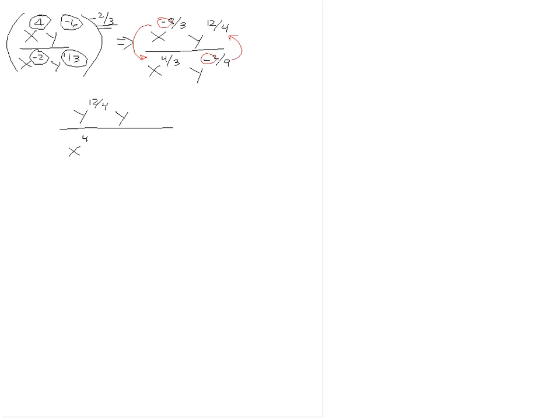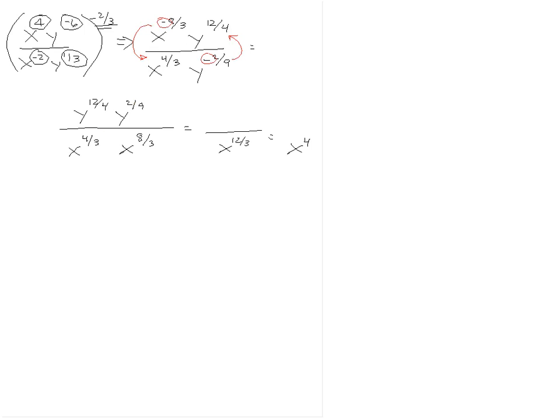On the bottom, the x to the 4/3 stays, and I bring down the x to the 8/3. Now, 2 y's on top, 2 x's on the bottom. They're being multiplied. When multiplying, you add exponents. So let's add the bottoms. Those are going to be easy. 4/3 and 8/3 gives you 12/3, which is just 4.